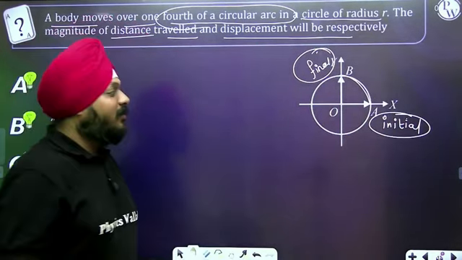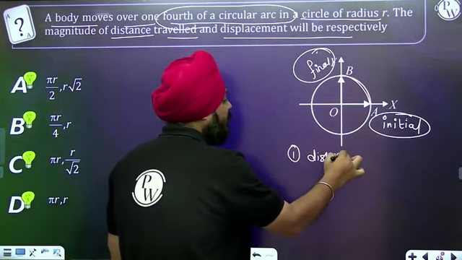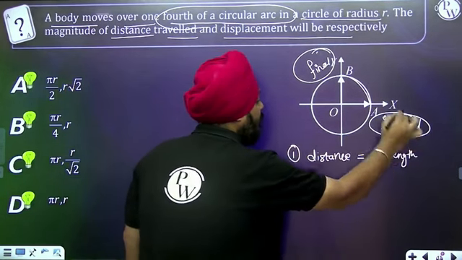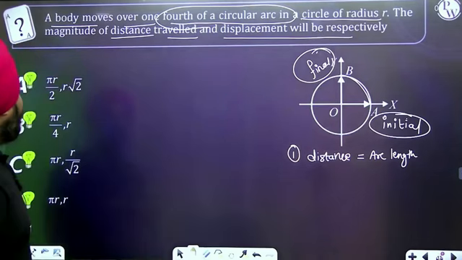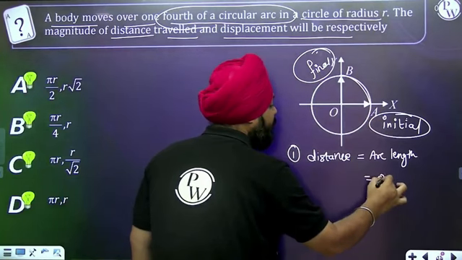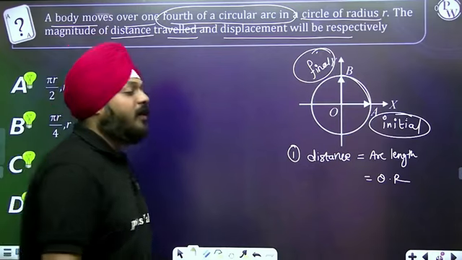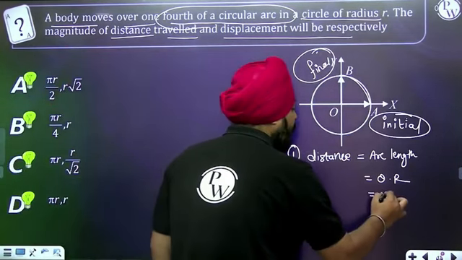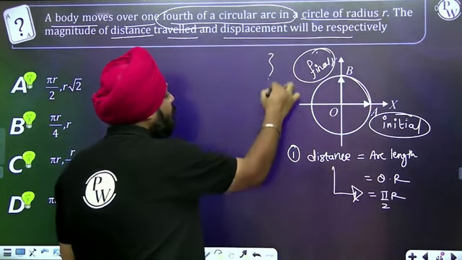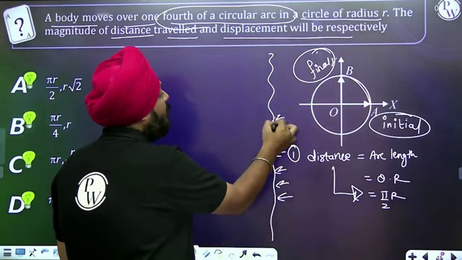First of all, if I'm talking about the distance, that will be arc length. For the quarter part of the circle, it is defined as theta into r, where r is the radius. For a quarter part of the circle, theta is pi by 2, so pi by 2 into r will be the distance covered.